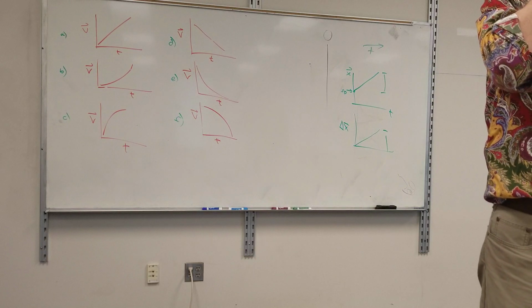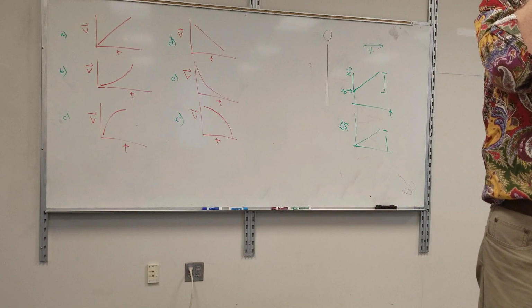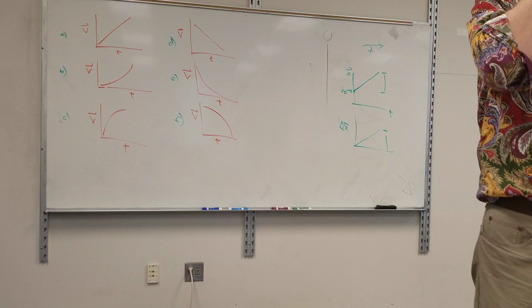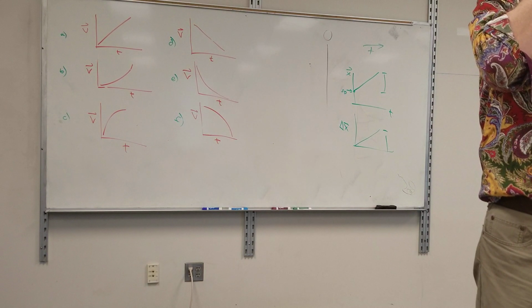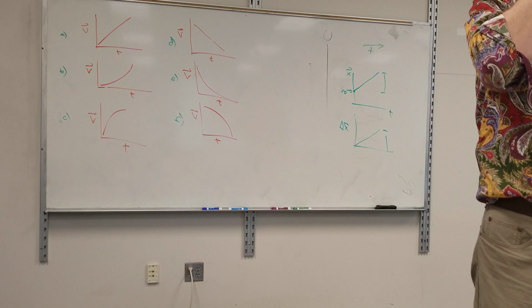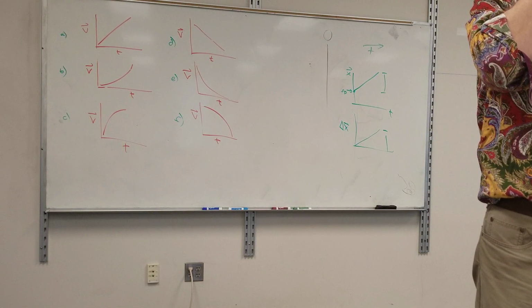For E it says, assuming that t equals 0, the car is going 24 meters per second at the beginning of the 10-second interval. At what time did the car stop moving?